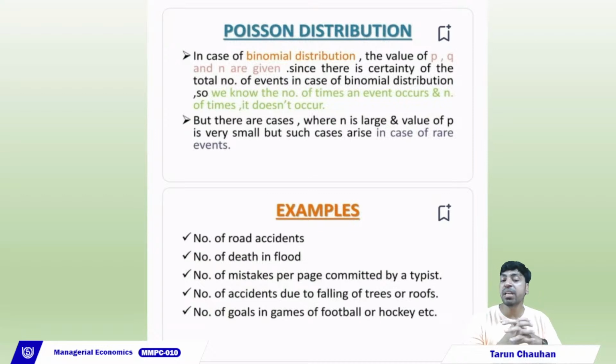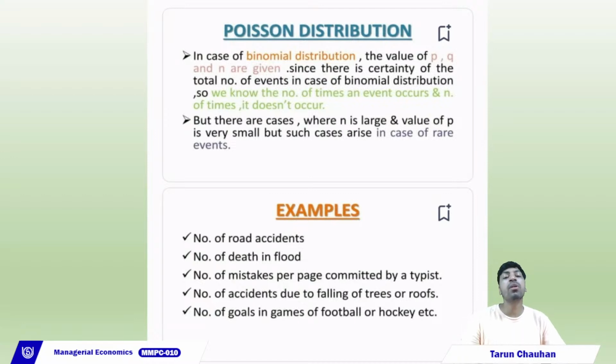In those cases, you need the Poisson distribution, where you calculate the distribution of probabilities of the possible outcomes in a population or in the case of rare events.